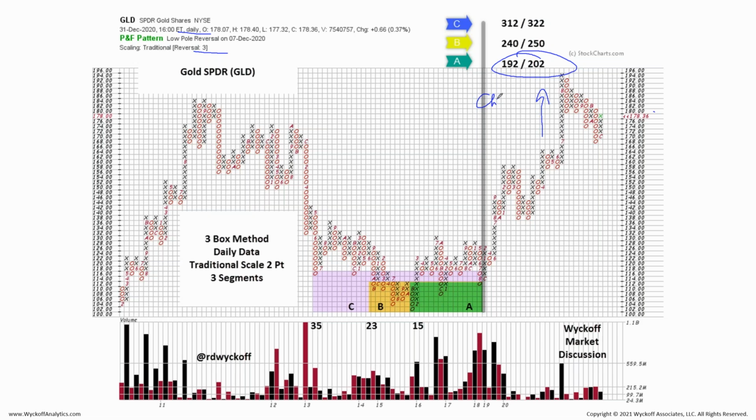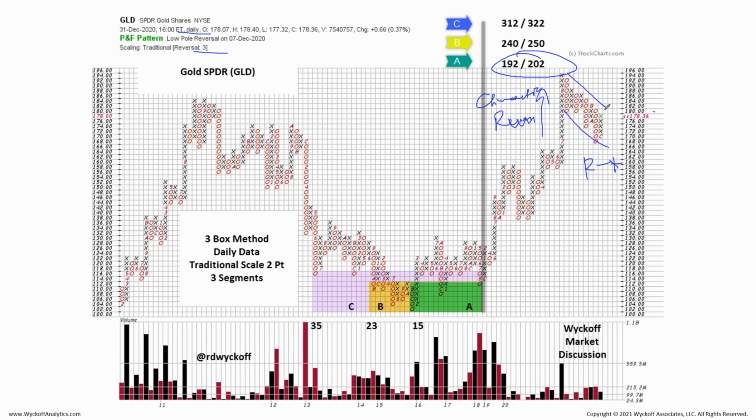And I believe that it's possible that this correction is attempting to turn upward, but still in that confirmed downtrend, you can see that in the columns of X's and O's. But if we can see gold GLD start to go sideways here, I'm expecting a reaccumulation count for a move up to that 240, 250 level to be the next action that takes place in this structure.